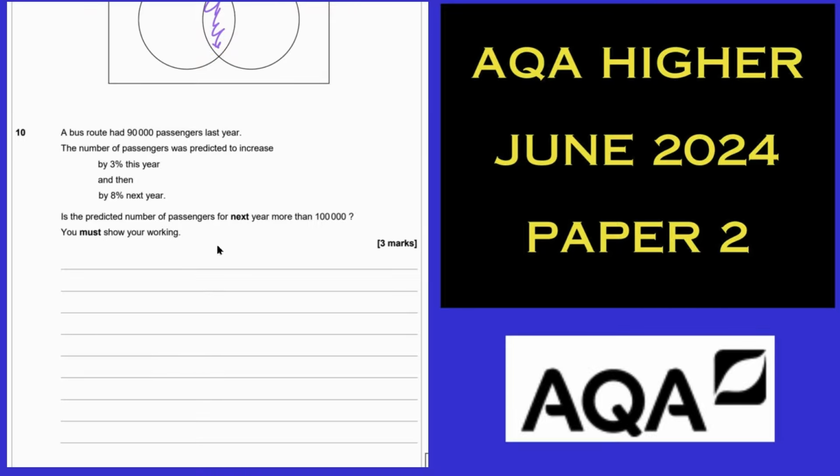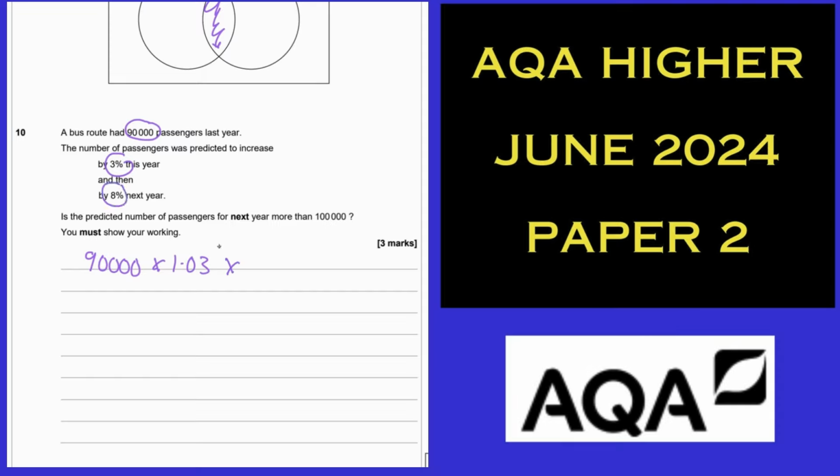At the end of the day, when it says show, do, whatever, that's your capital. 90,000 is your starting point. To increase by 3%, your multiplier, you add 3 pence onto your pound.